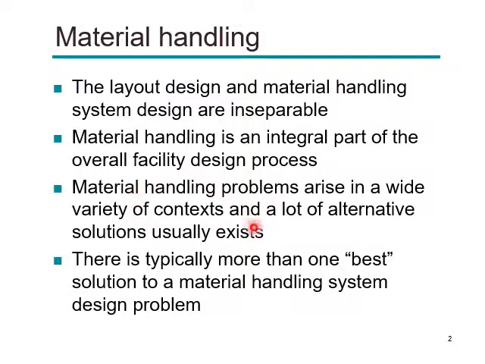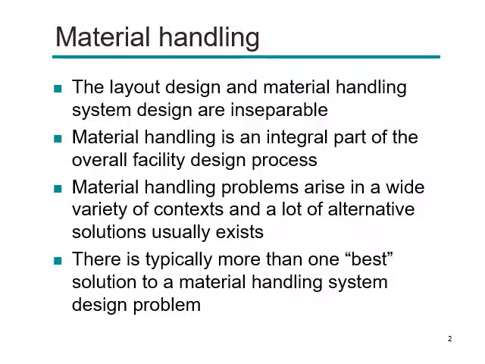Material handling arises in many different contexts. For each one of these, there are a lot of alternative solutions, and you need to come up with the best solution. And this best solution is most probably not unique; there is more than one single best solution for material handling systems design.